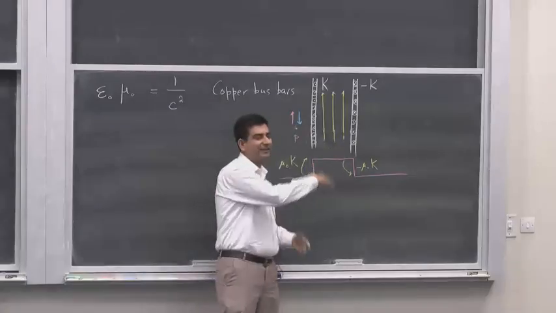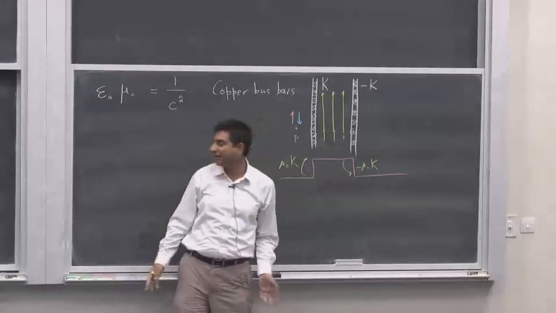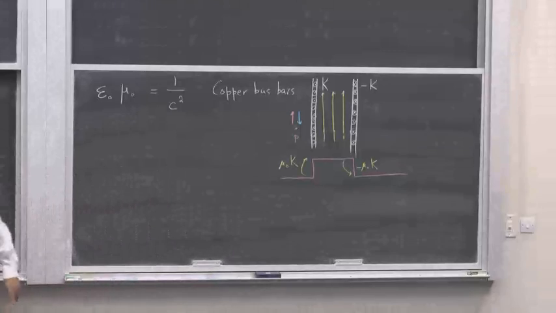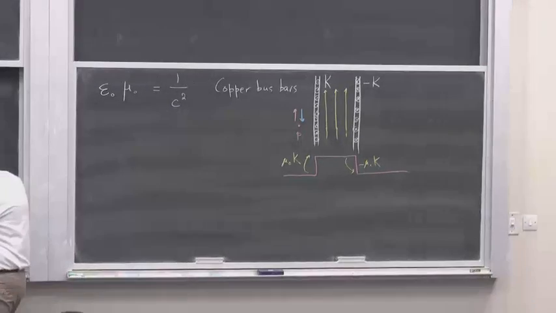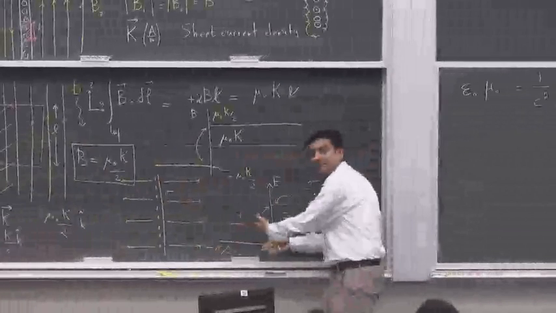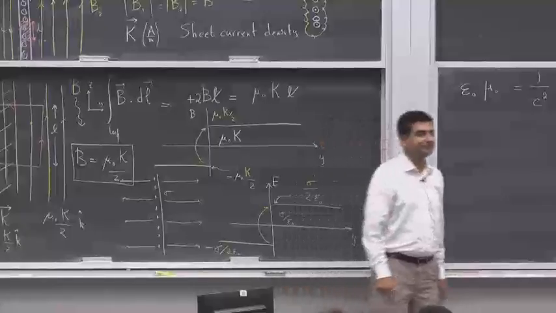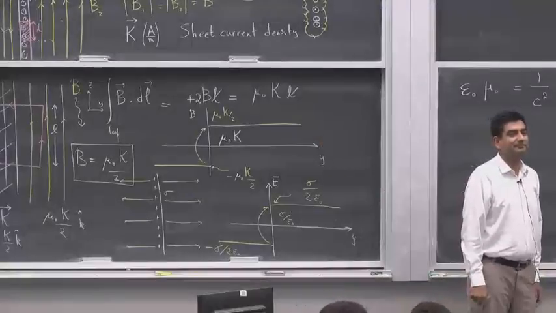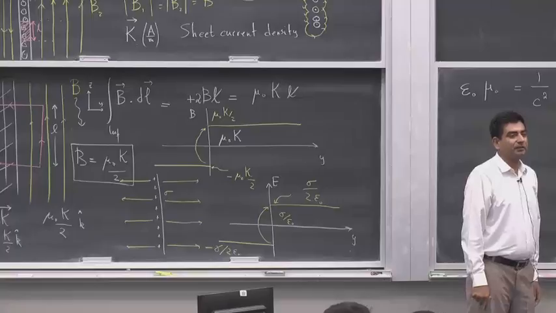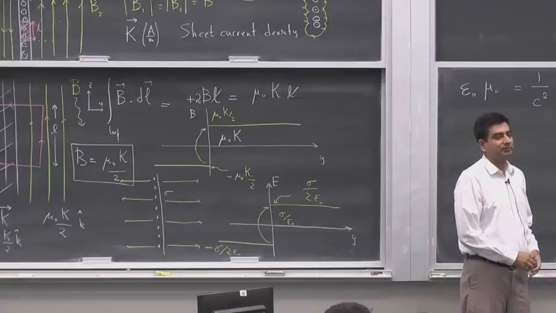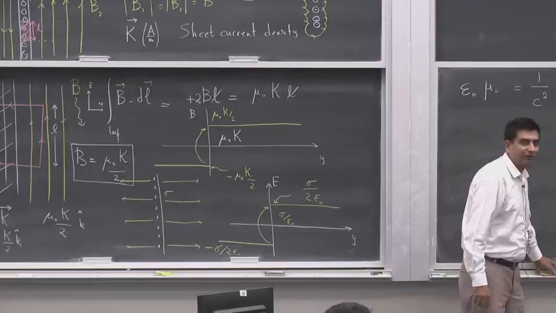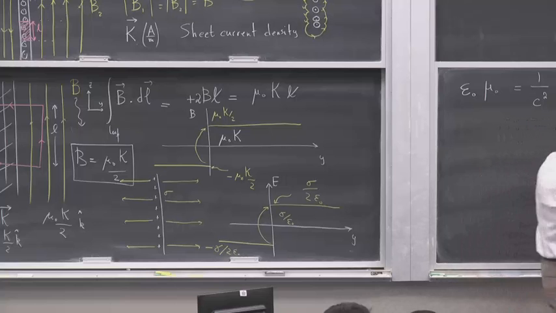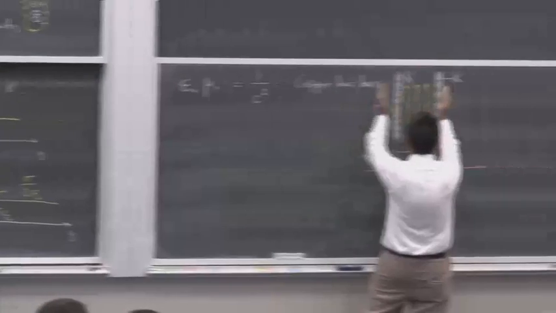This current going in gives you an opposite jump. Just like a negative sheet here will invert this graph. The jump will be negative. Alright? So there will be no magnetic field outside this copper bus bar.